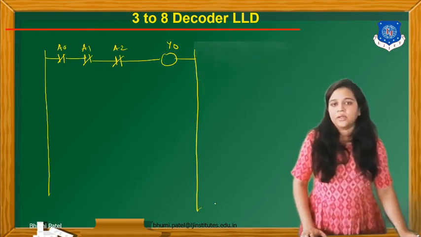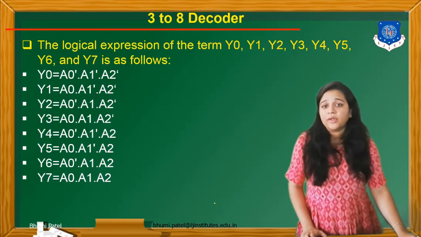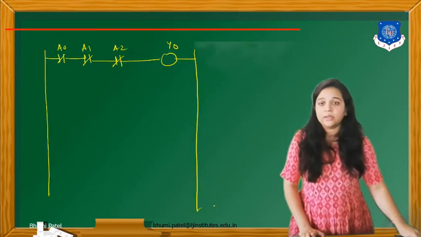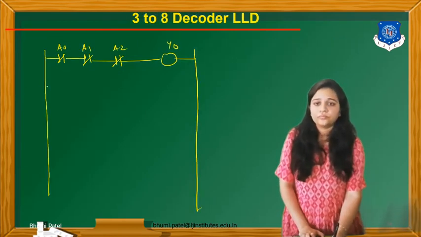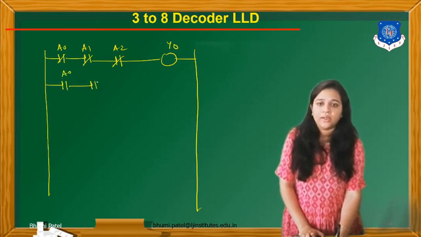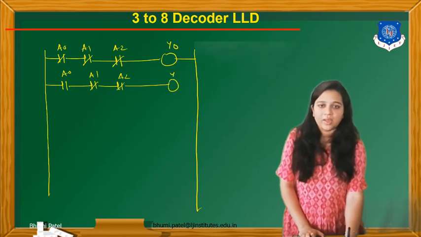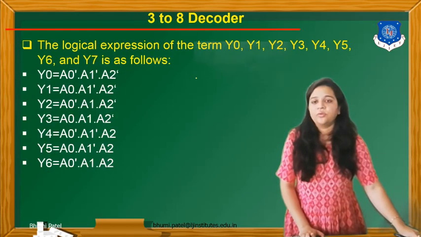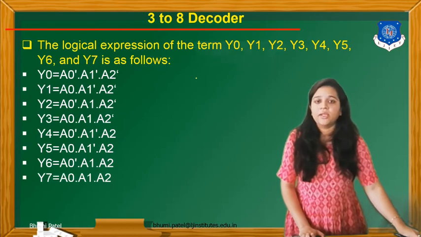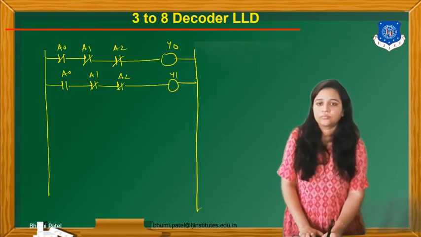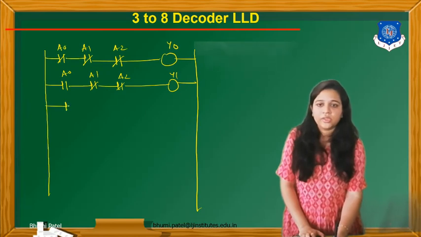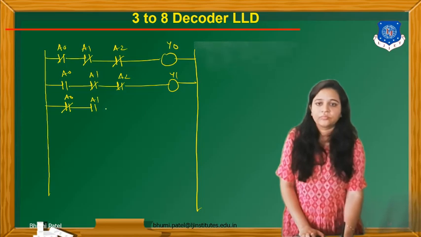The condition for Y1 is A0, A1', A2'. So we draw A0 as an open contact, A1' and A2'. This is my Y1. What is Y2? It is A0', A1, A2'.